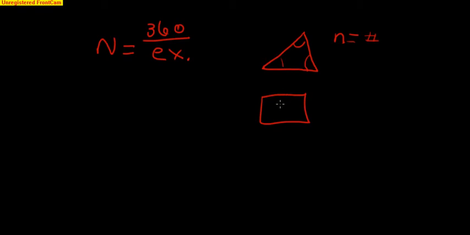If we have a rectangle, we have four sides and four interior angles. Same with the pentagon, so on and so forth. We also have exterior angles, but we're going to stick with the number of sides being equal to the number of interior angles, right? So, let's get started.